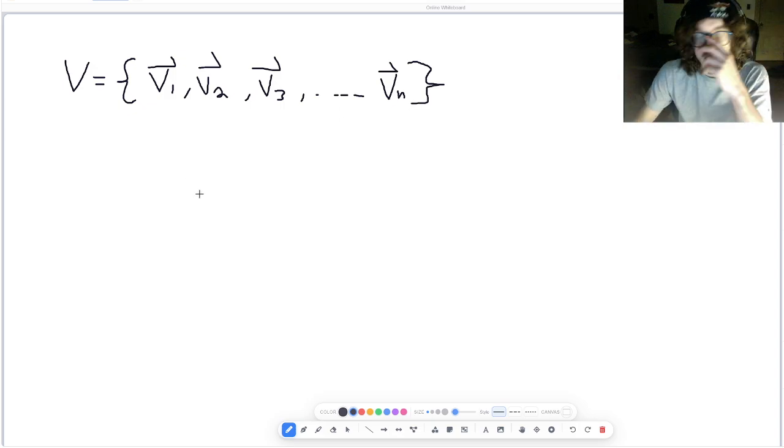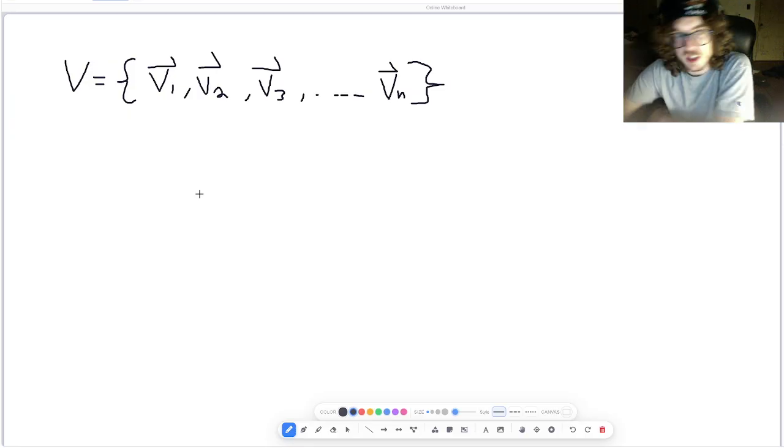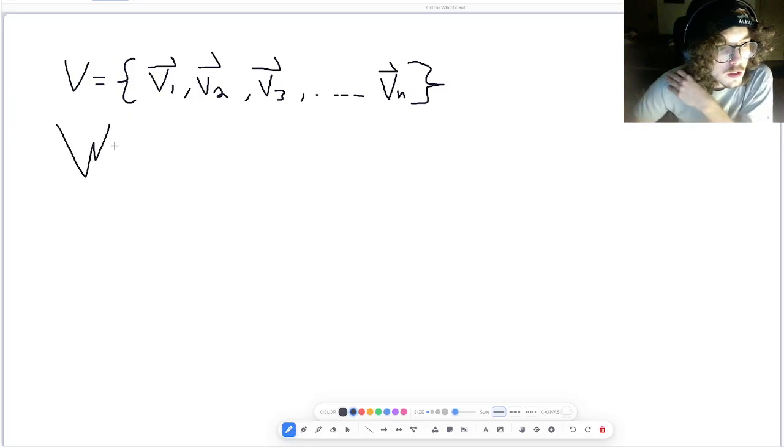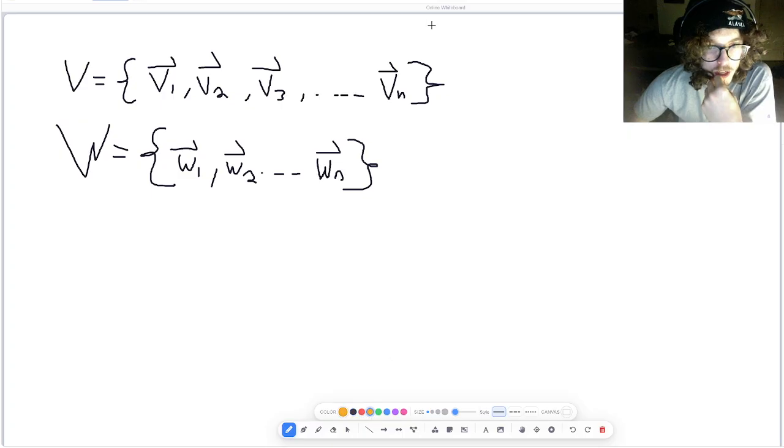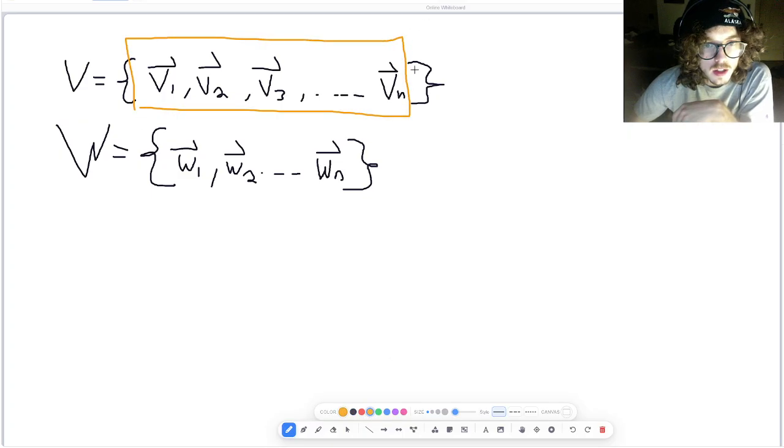And let's say we're going to map this space to W. W is a set of vectors W1, W2, dot dot dot, Wn. Our goal is how we can express this set of vectors in terms of these ones. That's the grand idea.